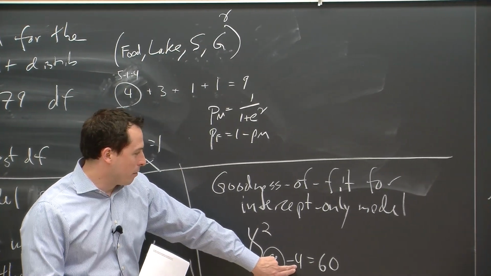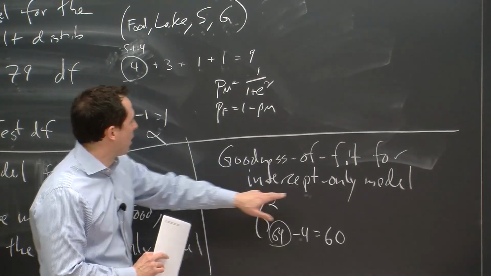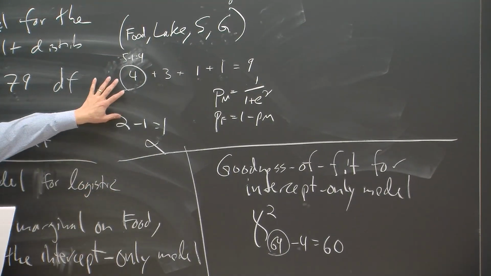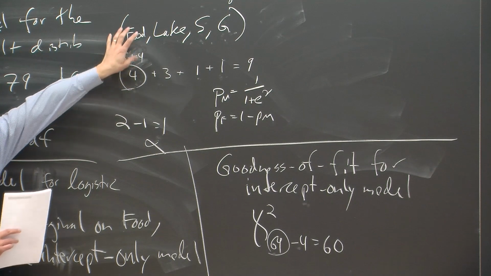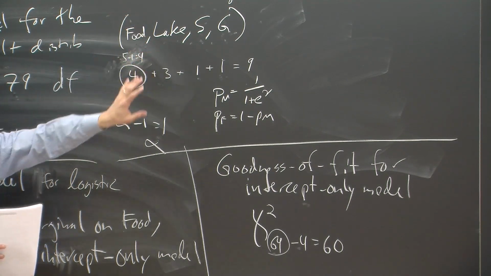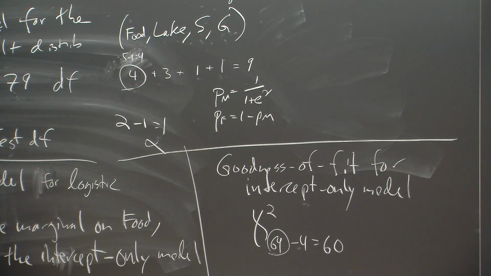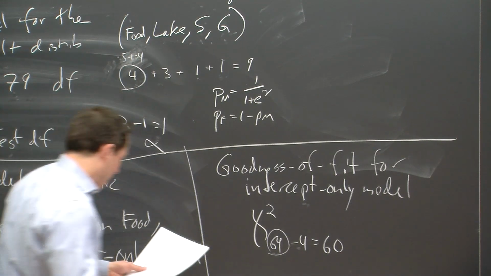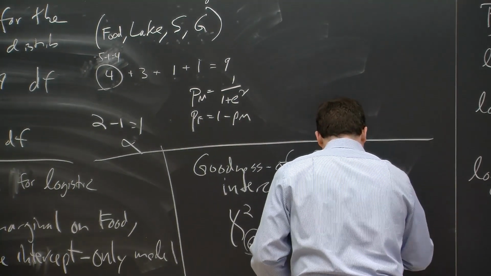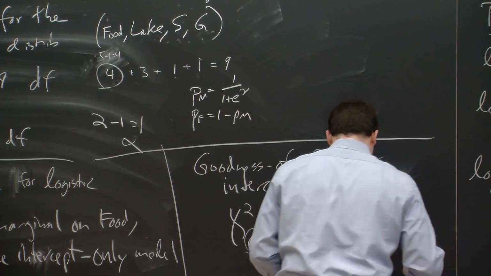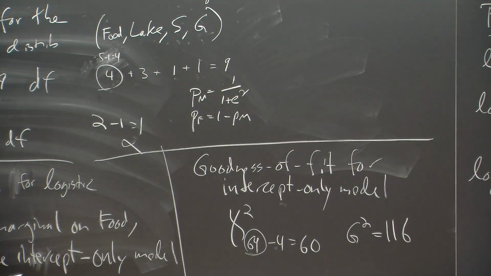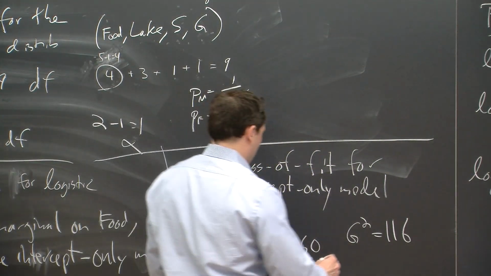And then I subtract the number of degrees of freedom for the intercept-only model, which is the same as the number of degrees of freedom in the marginal distribution on the outcome. If you do that, you get a corresponding G squared of 116, which has a very small p-value.